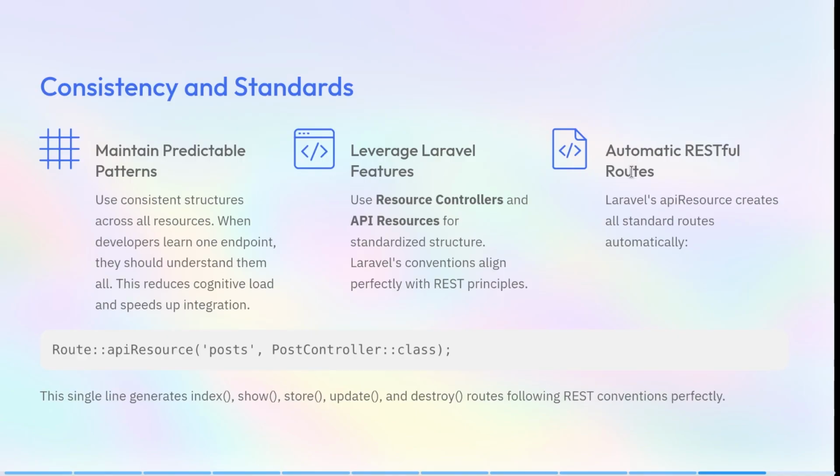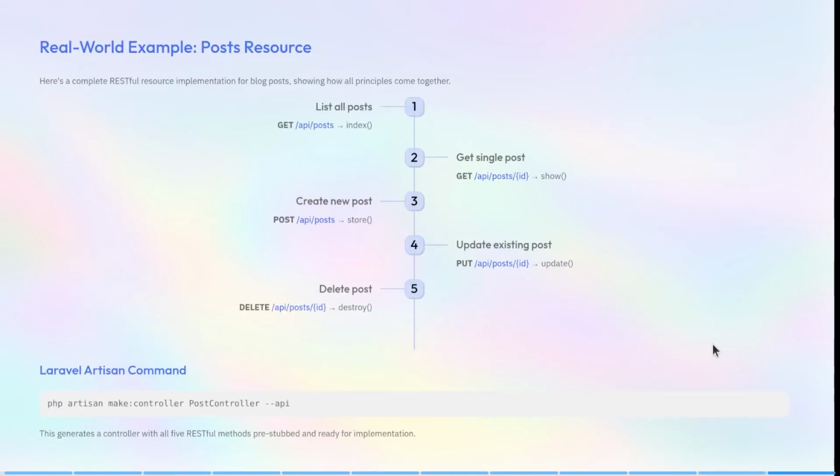When you manually write something, you might make a typo there, or you might name it a little inconsistently, although you should try to be very consistent. But when routes are generated automatically, they are always consistent. And Laravel's API resource also creates the standard routes automatically in the following way, and we're going to see this in action.